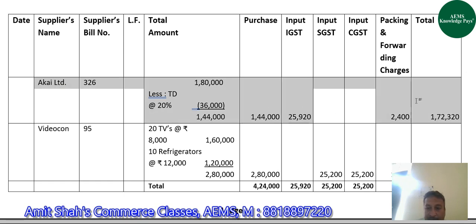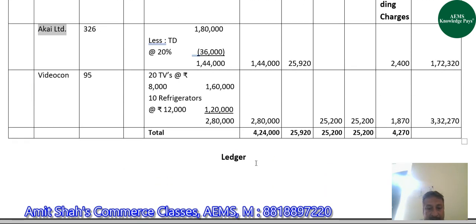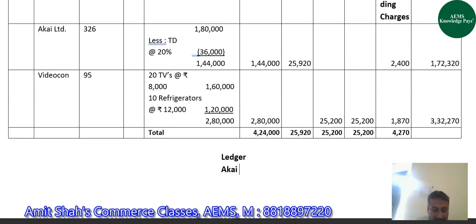This is the recording of purchase. This is the recording of GST and packing and forwarding charges. So he has to post the transaction only in the account of the supplier, that is Akai Limited. So here I am making the ledger of Akai Limited.